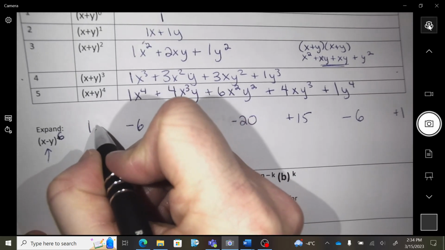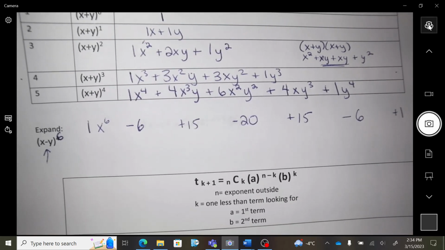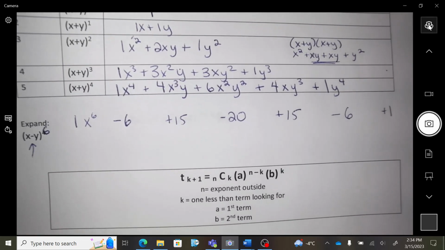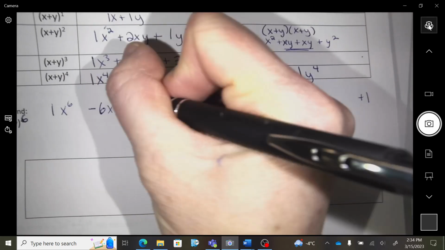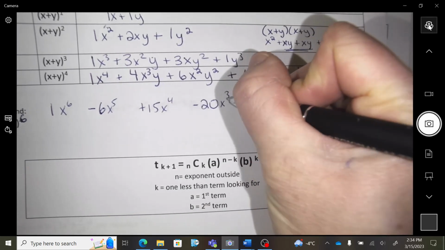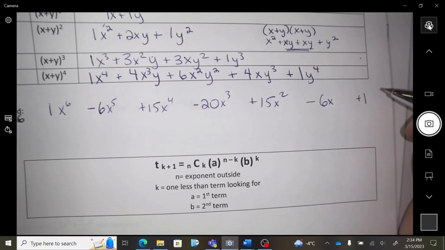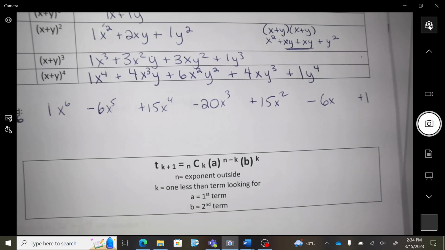Okay, so this one will be an x6 on it. And I'm going to go through and do all my x's. So x5, x4, x3, x2, x1, no x. I'm now going to go back and do all my y's.